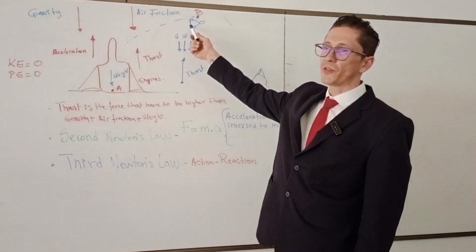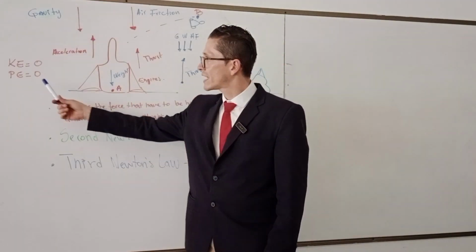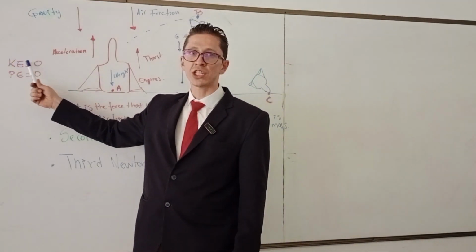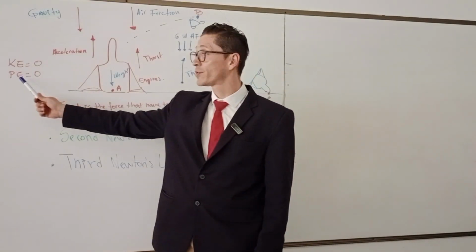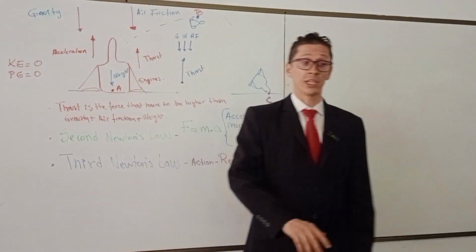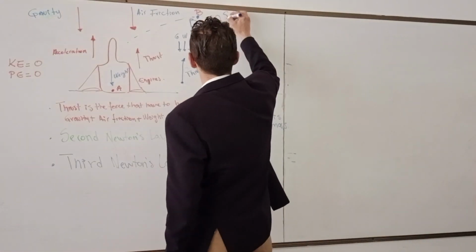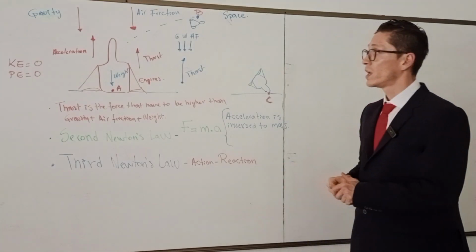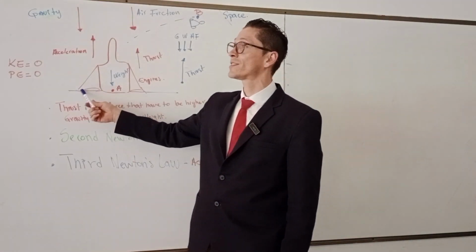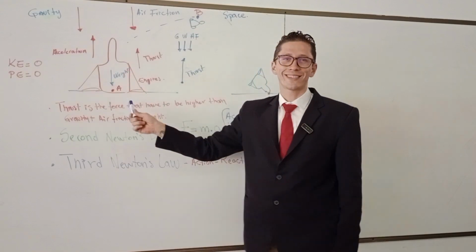Now, in point B, we already know what the force is here. At point A, the kinetic energy is 0 because it has not taken off yet. The potential energy is 0 because it's still on the ground, right? Here, when we are in space, also recall it will start to accelerate according to the mass.